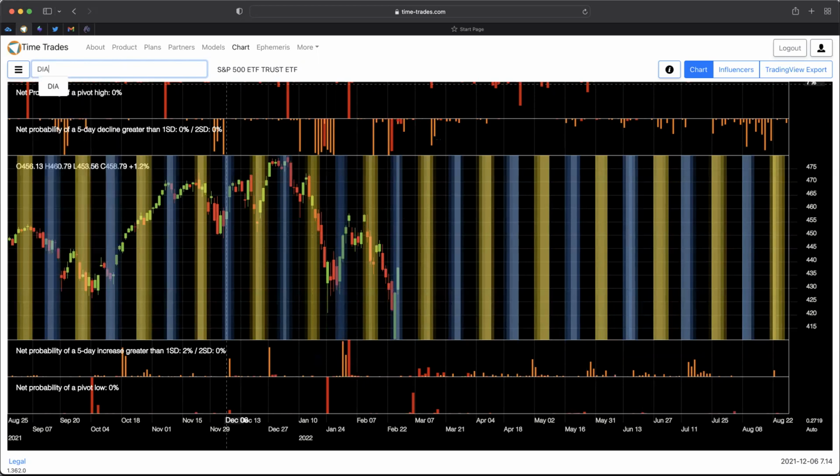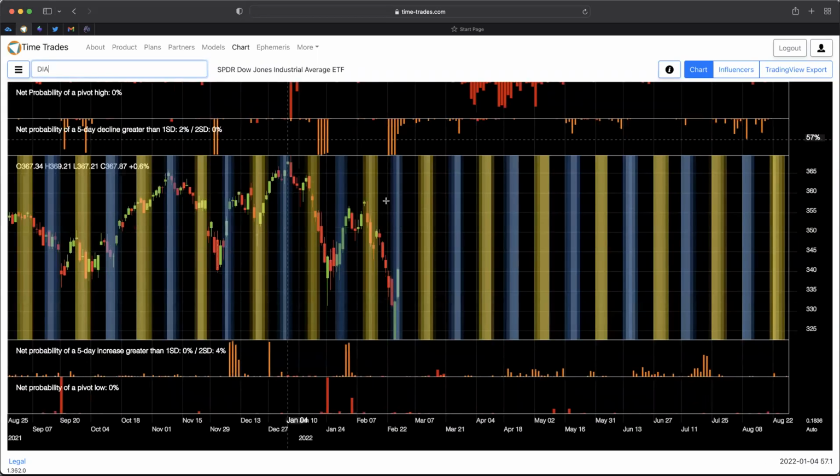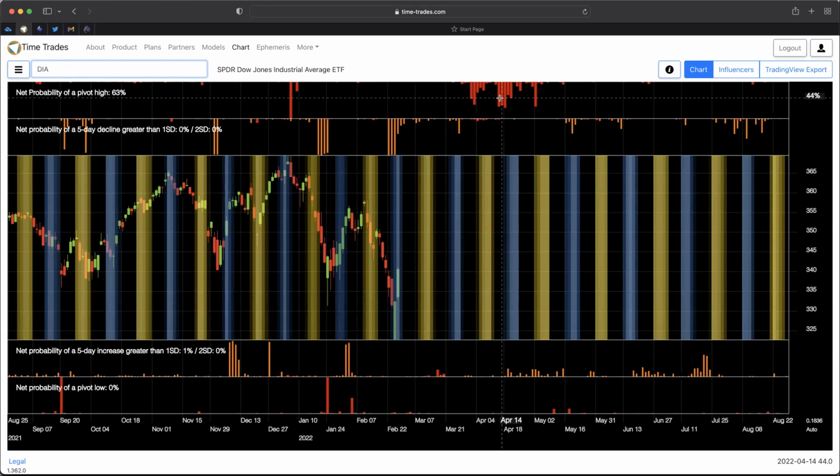If we look at the Dow, what can we learn here? The Dow isn't giving us much to act on this week in the forecast. However, there's this huge cluster of pivot highs over here, April 1st, April 18th, that is lending some support to this theory that we can see a major pivot and see it relatively soon.